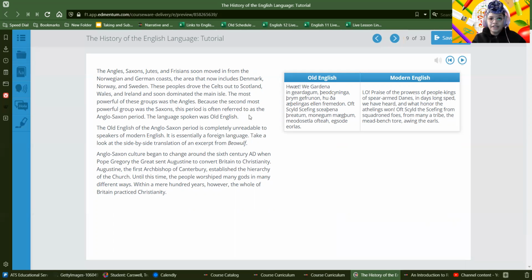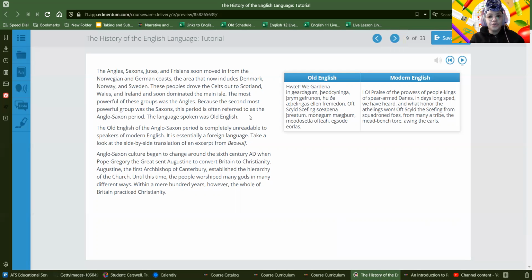So Anglo-Saxon was basically the society that gave us very, very old English. The language that the Angles spoke was called Anglish, which sounds very similar to English, just pronounced a little differently. So the language that they spoke along with the Saxons when they were the ruling tribes was Old English. So we're starting to get somewhere.